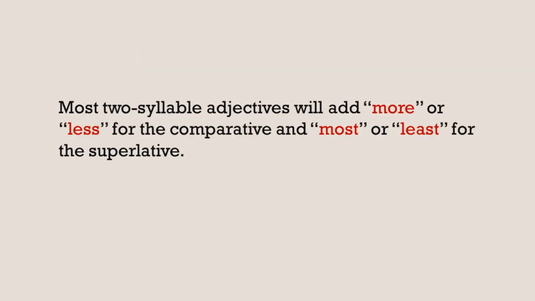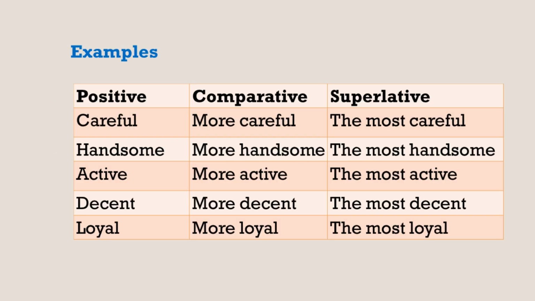Rule 4. Most two-syllable adjectives, we add more or less for the comparative and most or least for the superlative. Examples: in the positive, we have careful, handsome, active, decent, and loyal. In the comparative, we have more careful, more handsome, more active, more decent, and more loyal.